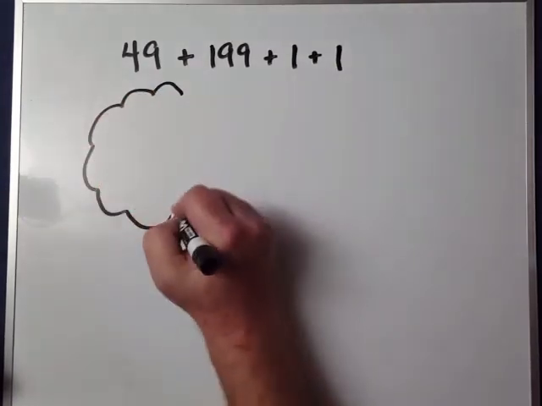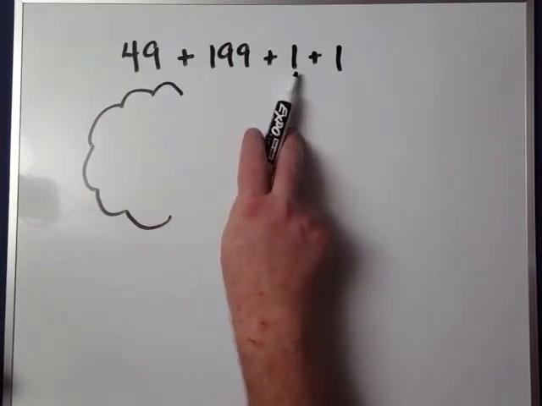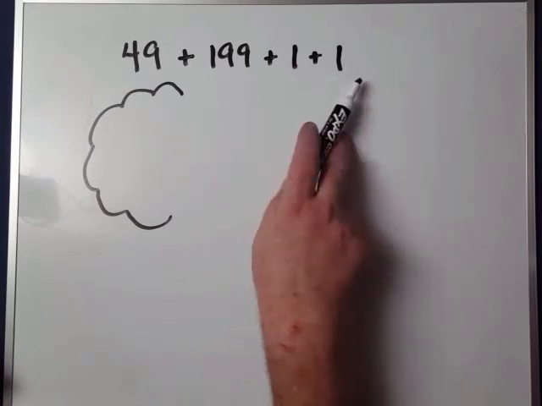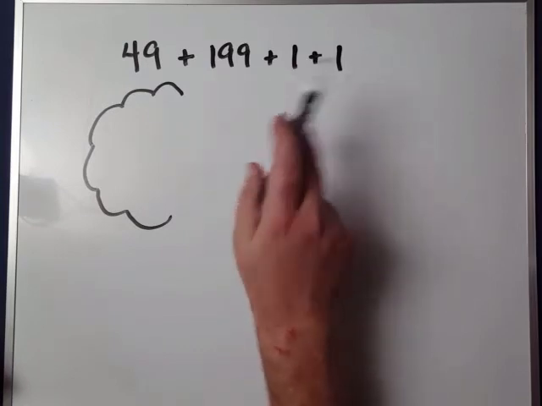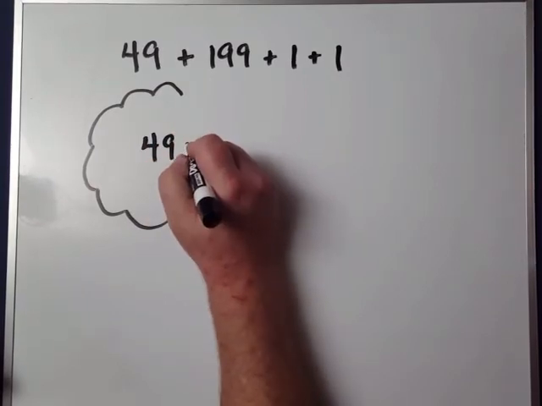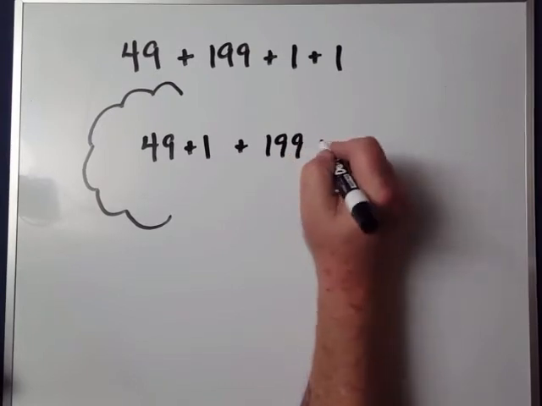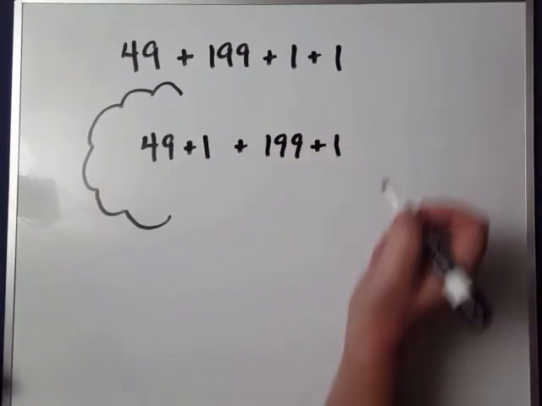So here's my thought bubble. I'm thinking, if I could get that 49 and a 1 together, that's easy. 199 plus 1, that's easy. So in my head, I'm going to add 1 to the 49, and I'm going to add the other 1 to the 199.